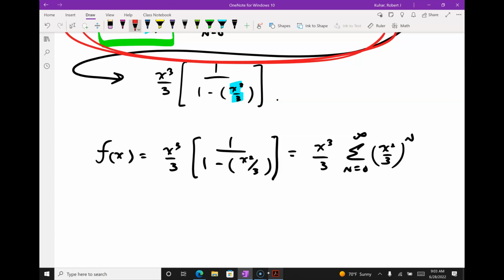So I'm really looking at the sum of n equals 0 to infinity of, let me move this guy in, x cubed over 3 times x to the 2n over 3 to the n, right?